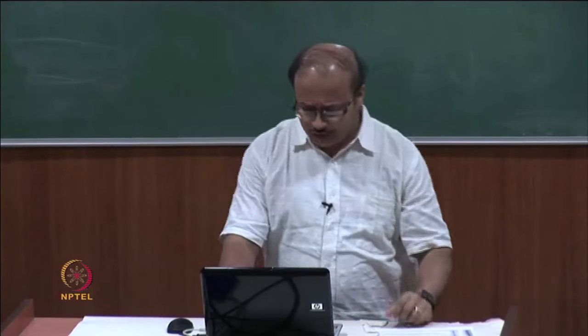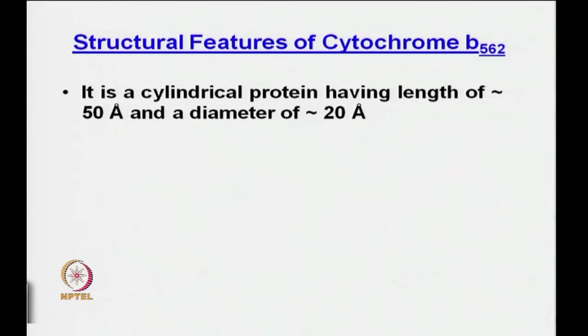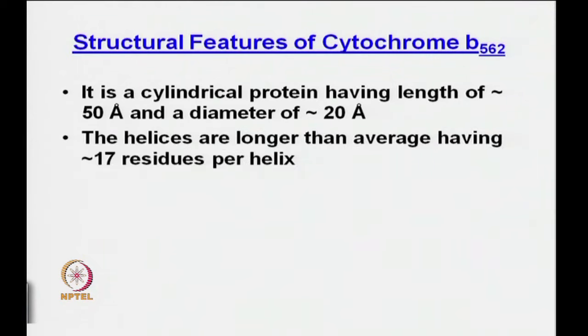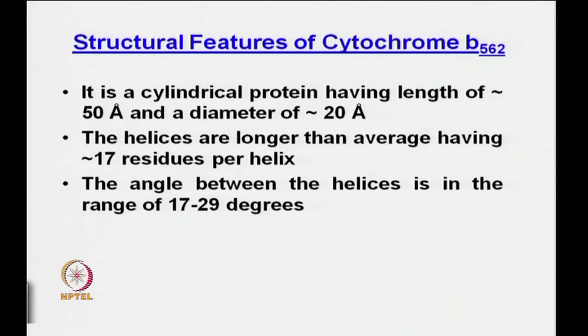So, it is a cylindrical protein having a length of about 50 angstroms and a diameter of 20 angstroms. So, there is the length and then you have the diameter. The helices are longer than the average ones, they have about 17 residues per helix. The angle between the helices is in the range of 17 to 29 degrees.